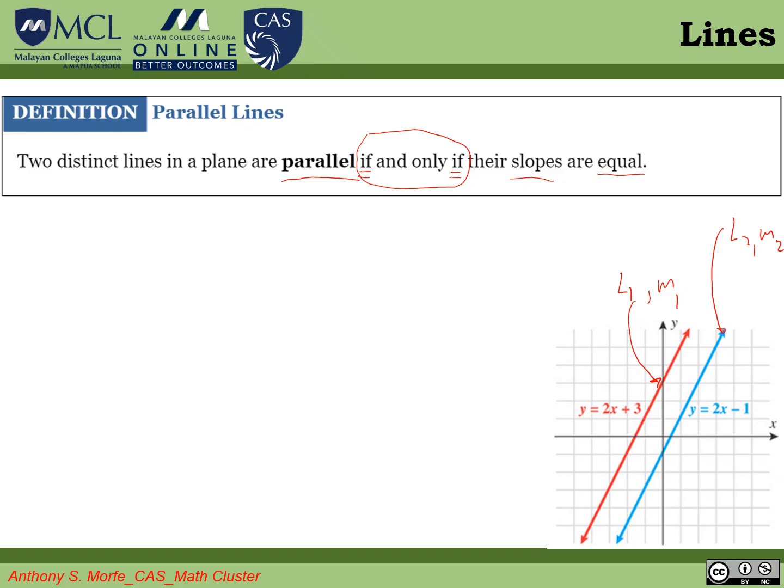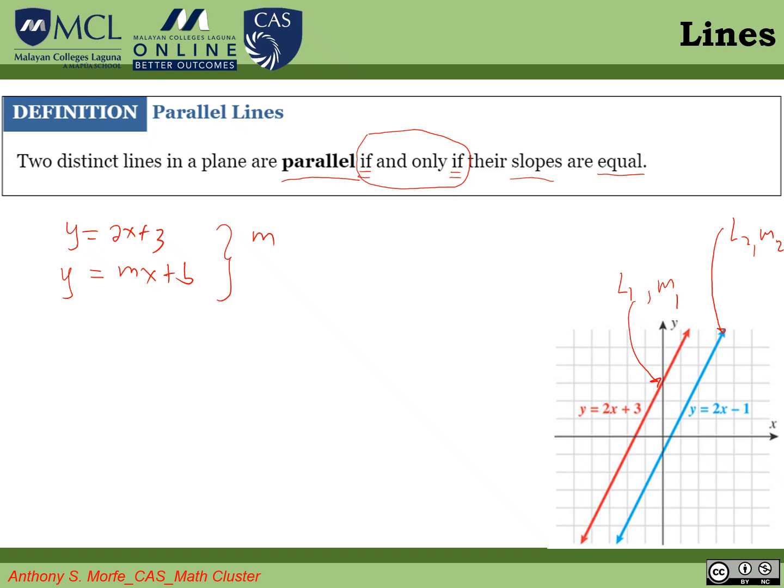So from the given y equal to 2x plus 3, when you compare that with the slope intercept form, y equal to mx plus b, from here we can get what is our m.